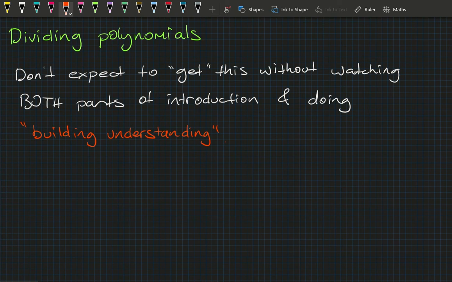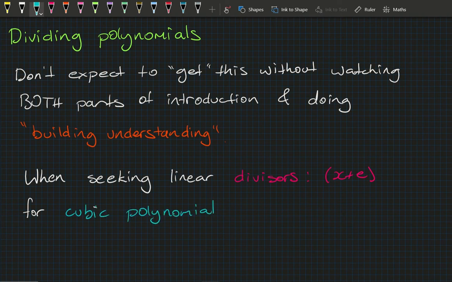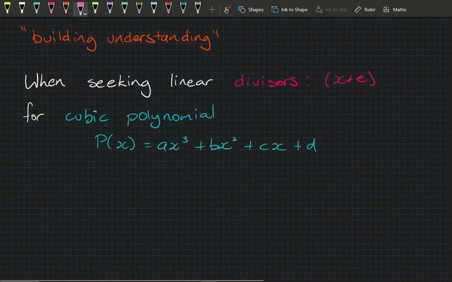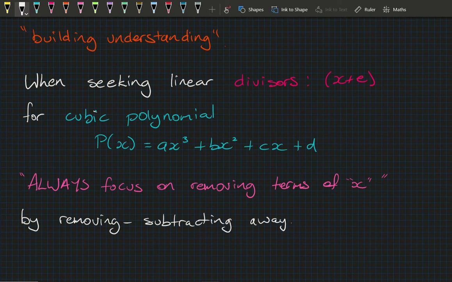So what we're going to say is, when seeking a linear divisor, which is x plus e, for the cubic polynomial p of x equals a times x cubed plus bx squared plus cx plus d, then we're going to always focus on removing terms of x. And by removing, I mean subtracting away multiples of our linear divisor.